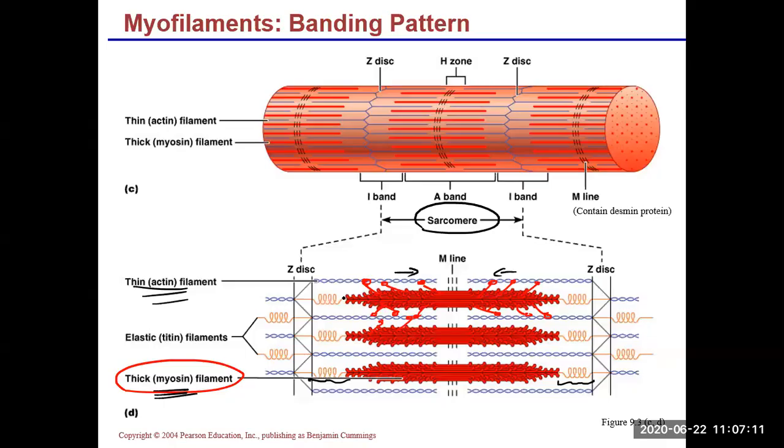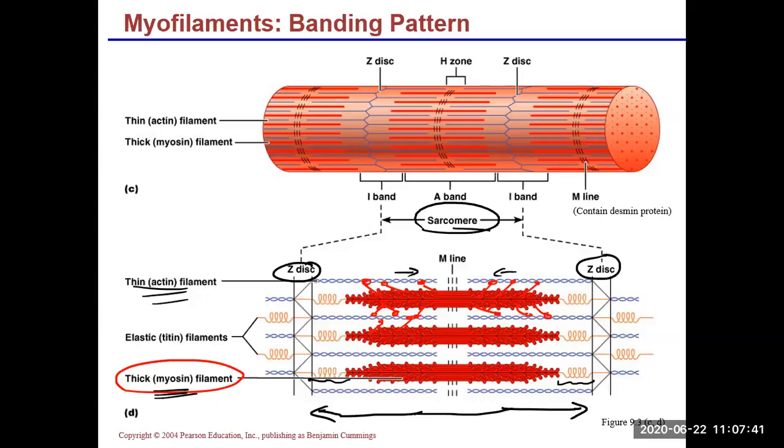You can see clearly why they call them thin filaments. In anatomy, you learn that two adjacent Z discs make up a sarcomere. So the sarcomere is from here all the way to here. That's one sarcomere right there.